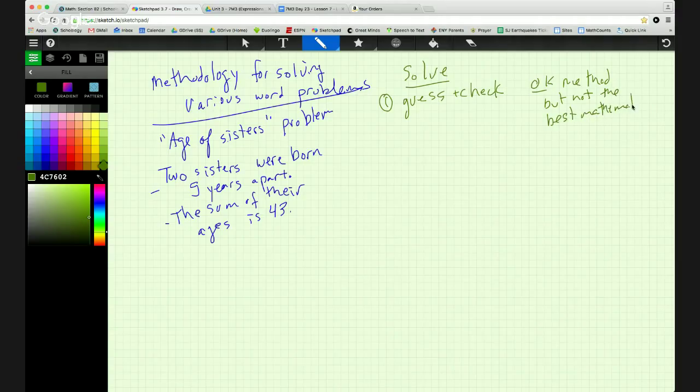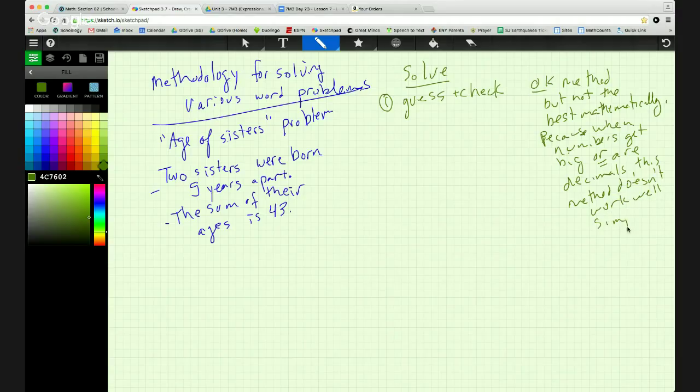And the reason is because when numbers get big or are decimals, this method doesn't work well. It's simply hard. But this is okay. You could solve this with guess and check, but we're not going to do that. We're going to do this algebraically.